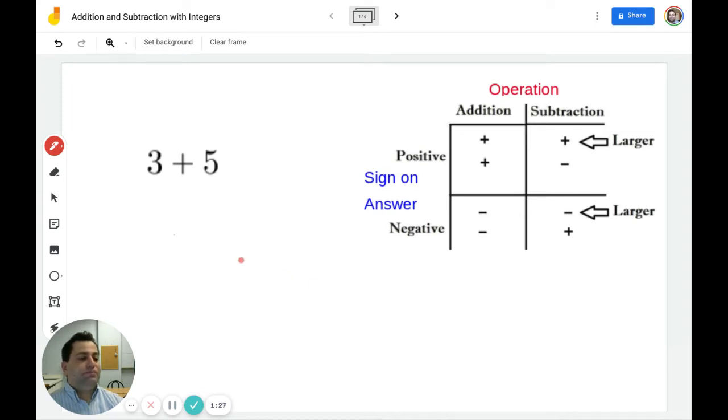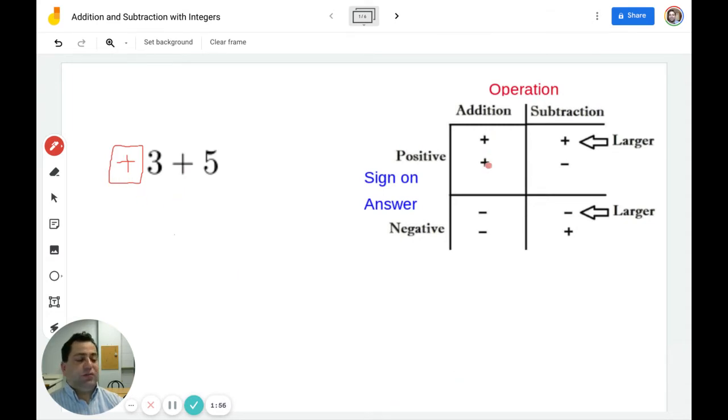Question number 1. We have 3 plus 5. There's something I want to point out here. When an integer has no sign, the absence of a sign, we are going to assume that that integer is positive. So now that we know that 3 is positive, we have a positive and a positive.